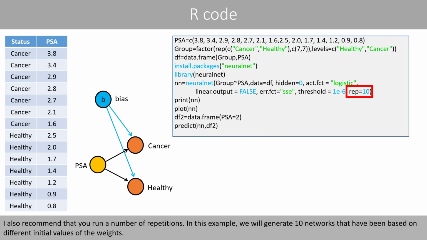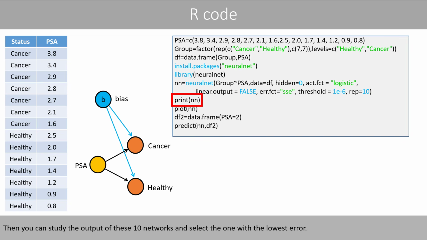I also recommend that you run a number of repetitions. In this example, we will generate 10 networks that have been based on different initial values of the weights. Then you can study the output of these 10 networks and select the one with the lowest error.